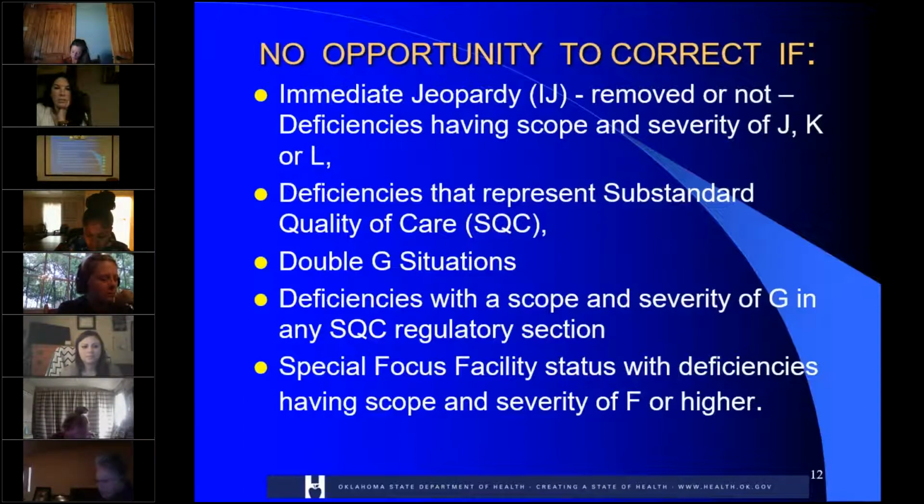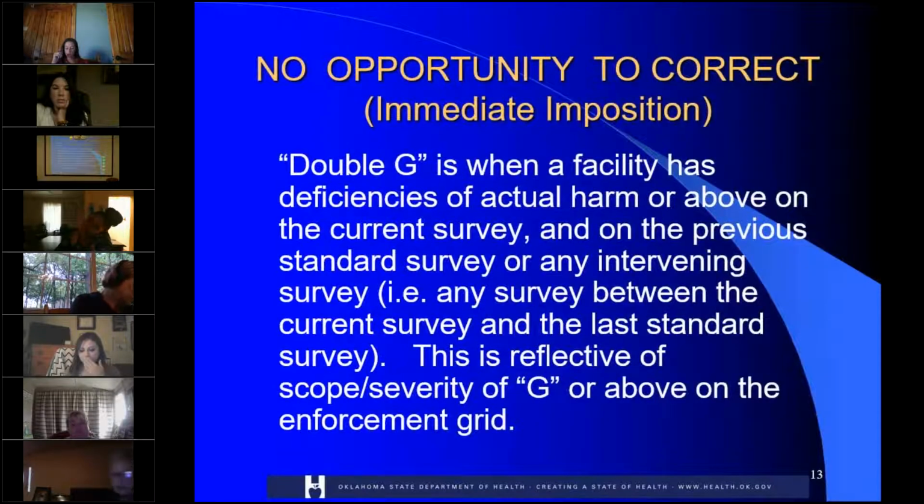The goal is not to penalize those facilities more. It's to help them improve and get on a fast track to do it. There's a lot more information provided to them many times, and surveyors around them more. Instead of 1 survey during a given amount of time, there'll be 2. Okay. No opportunity to correct, immediate imposition.